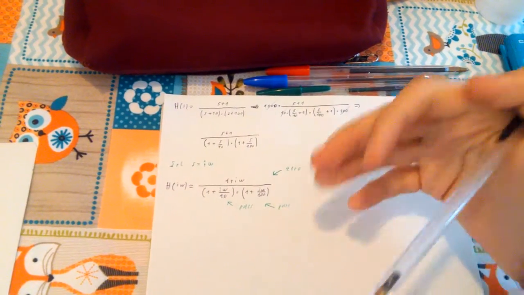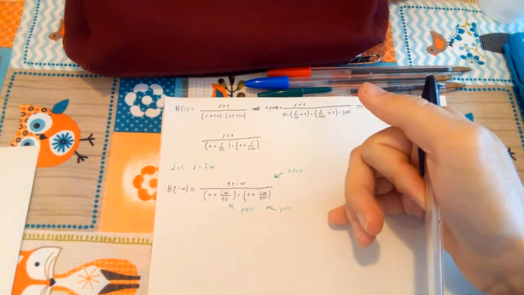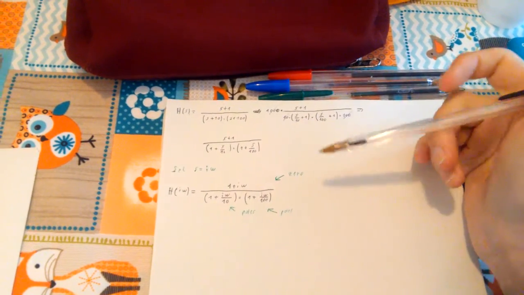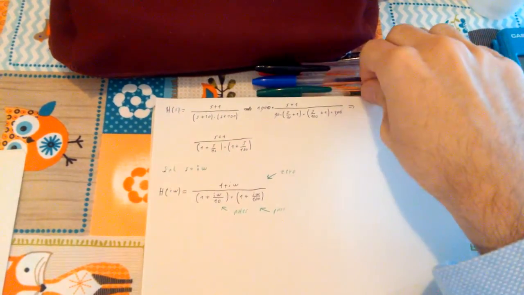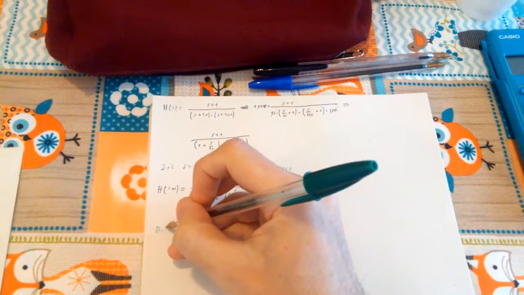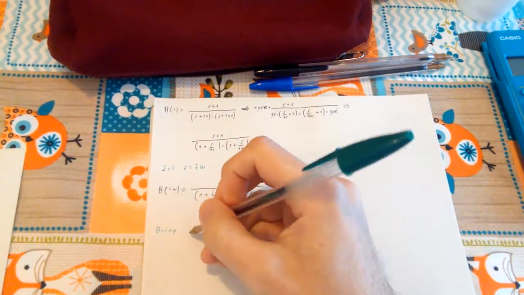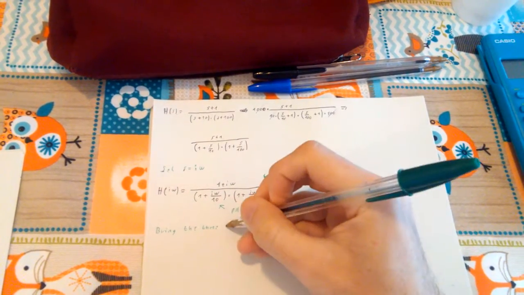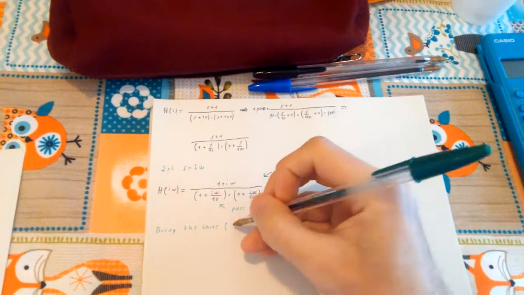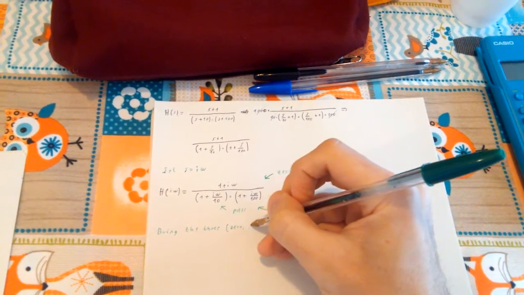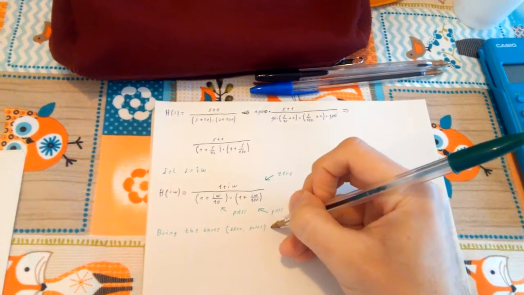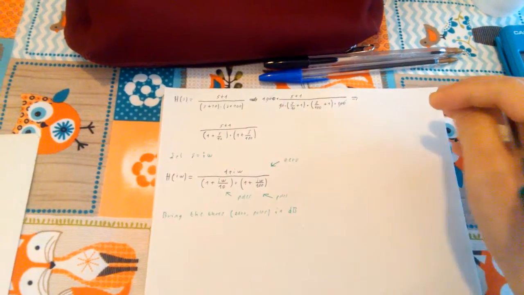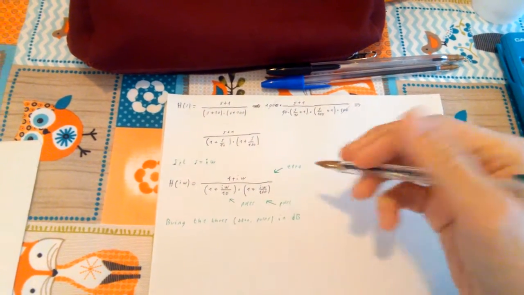And what we're going to plot is the gain and the phase. Let's start with the gain. Now, what I'm going to do is bring those three, so basically the zero and poles, into decibels, because the scale in which we're going to represent them is going to be in decibels.